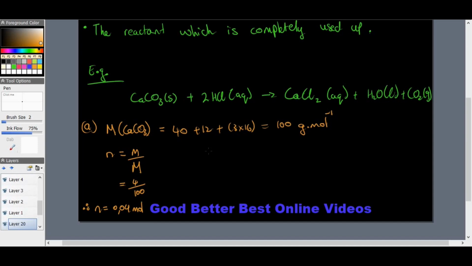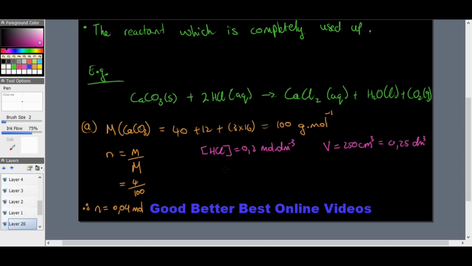Now with HCl, we know that the concentration they gave us was 0.2 mol/dm³. They also said 250 cubic centimeters, so the volume is 250 cm³, which is equal to 0.25 dm³.